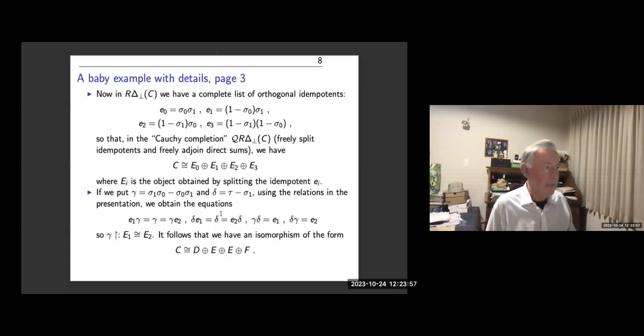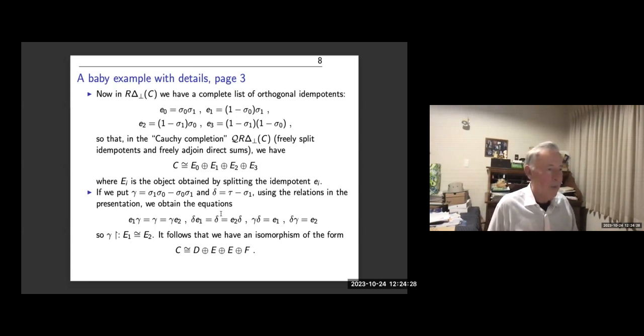So I'm continuing on that example to see why the representations of this monoid, once you've linearized it, so now we can add and so on in this algebra. You have a complete list of orthogonal idempotents. These things turn out to be orthogonal idempotents. There's a technique for discovering those things, but I'll just pull them out of the hat.